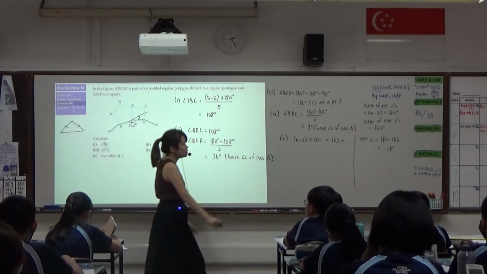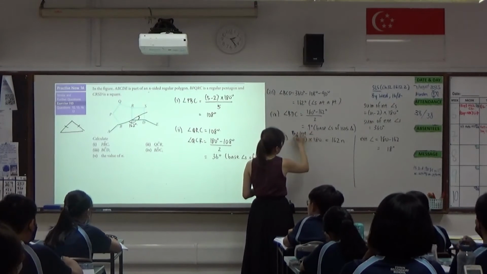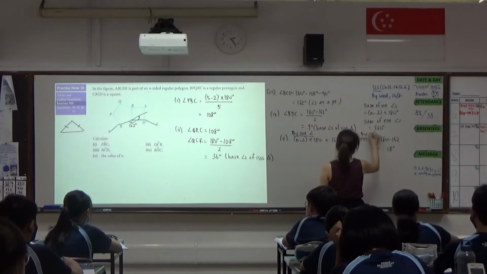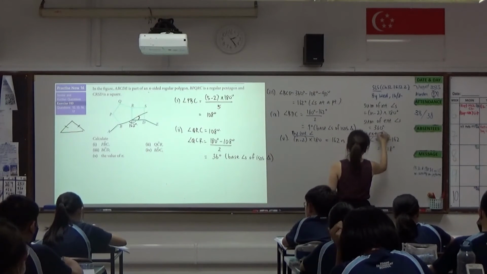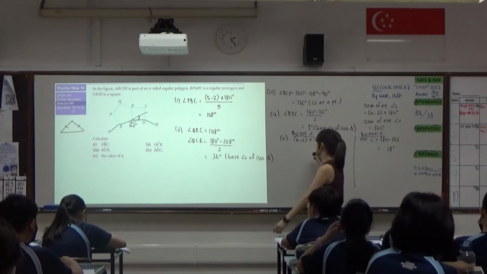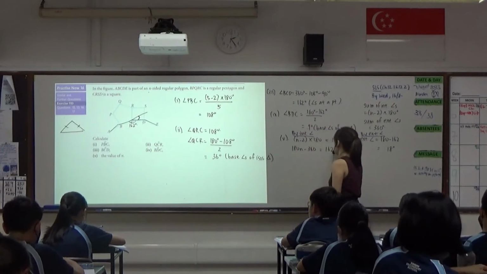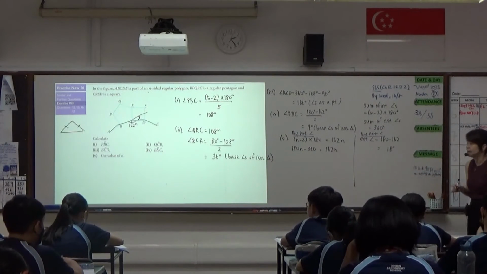Okay? So two methods over here. By interior angle method, by exterior angle method. Okay, let me just do the interior angle method first. Alright, in this case we expand it, we get 180n minus 360 equals 162n.